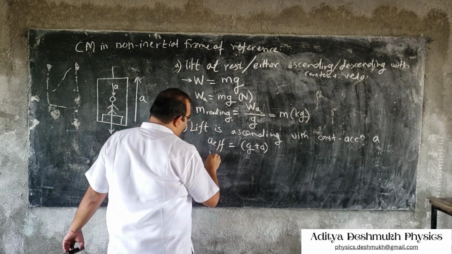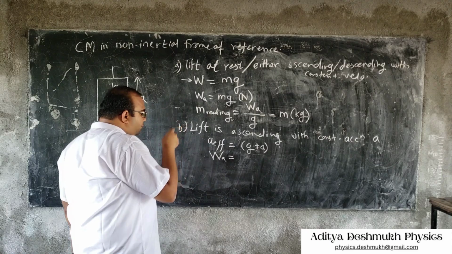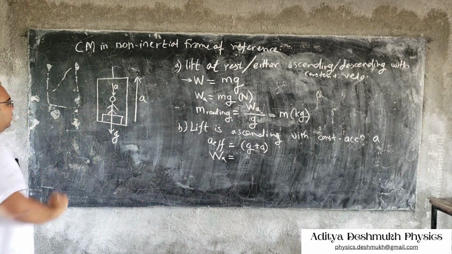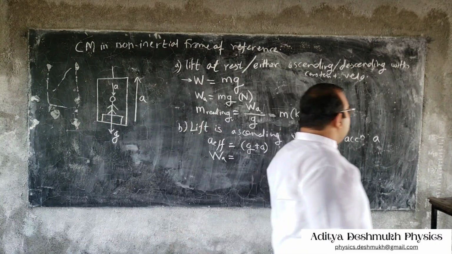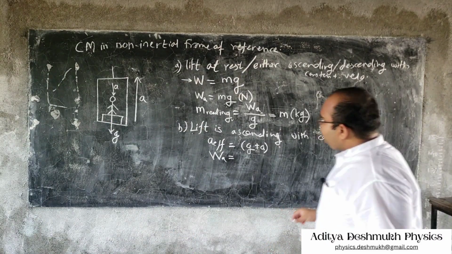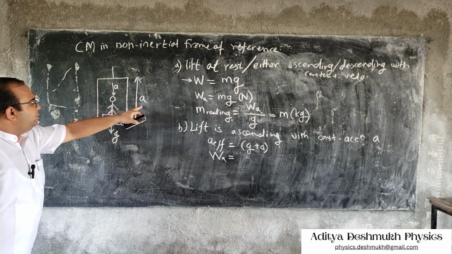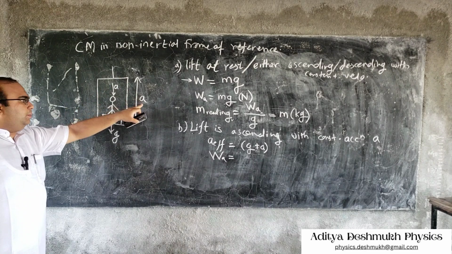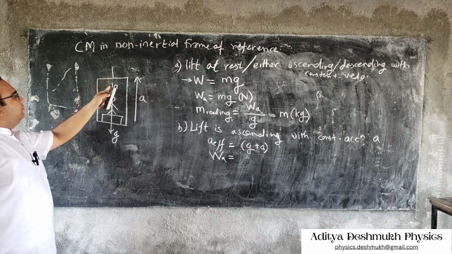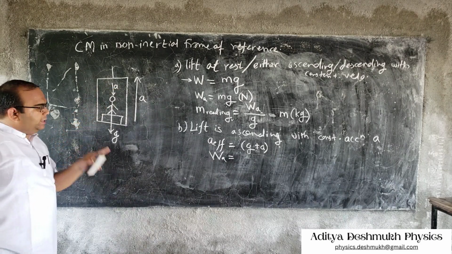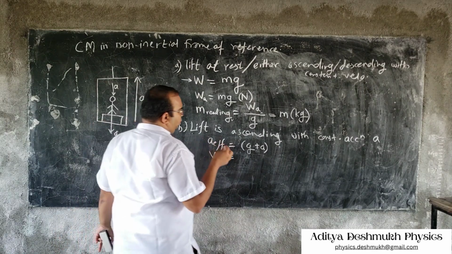So what will be his apparent weight? What will be his weight inside this accelerating frame of reference? Now we have balanced the acceleration of the frame of reference with an acceleration on the object inside the frame. So now we can apply laws of motion.